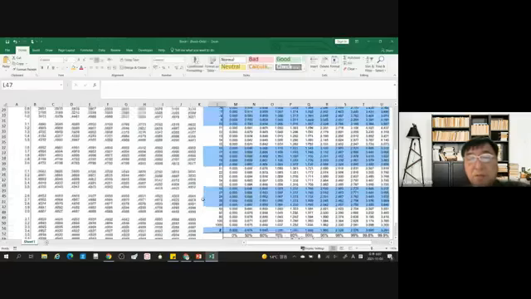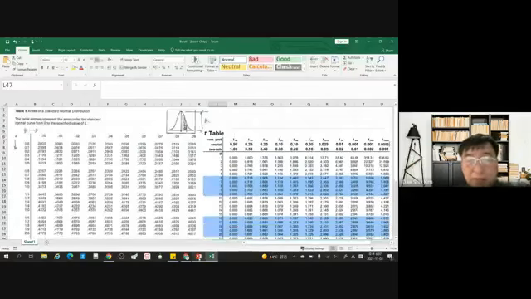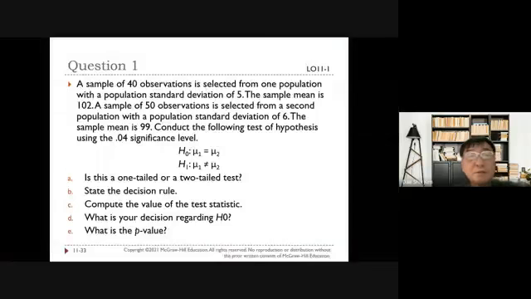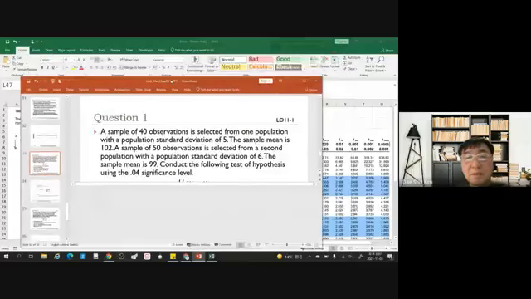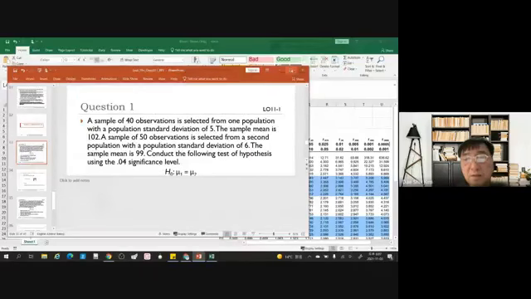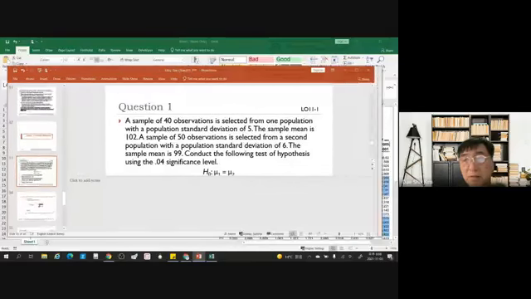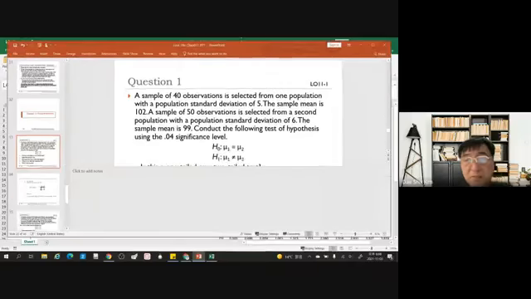I need to compare these two tables, and then I'll go back to the problems. It's much easier for me to show.